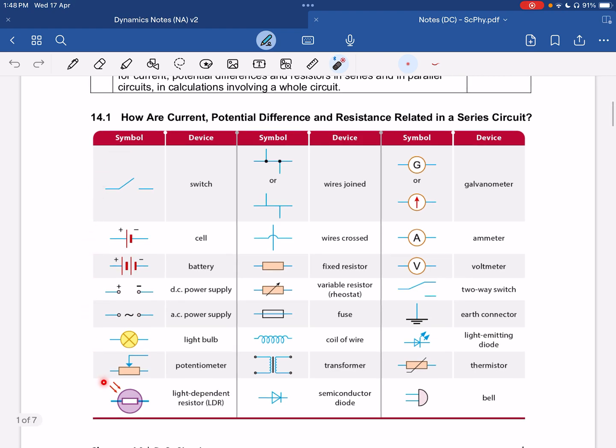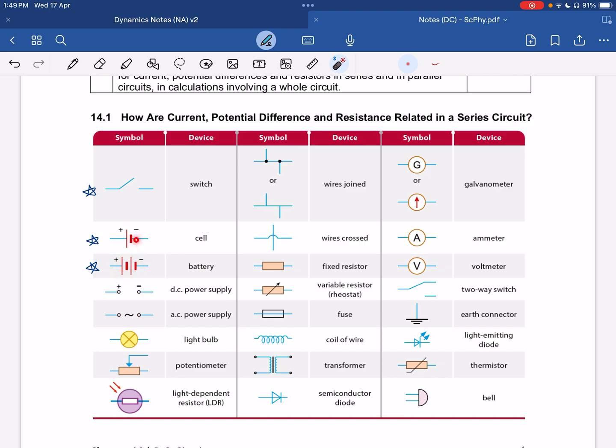This is a summary of all the symbols for all the electrical devices that we have. Now, what are the more important ones? First of all, the switch. Second, the cell. If we have more than one cell connected together, that's called a battery.